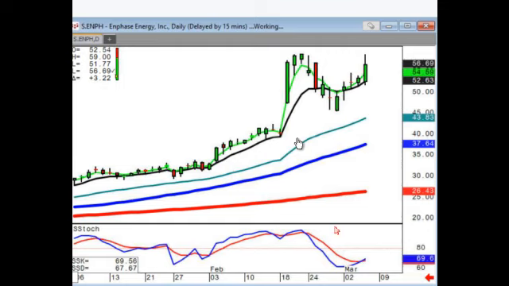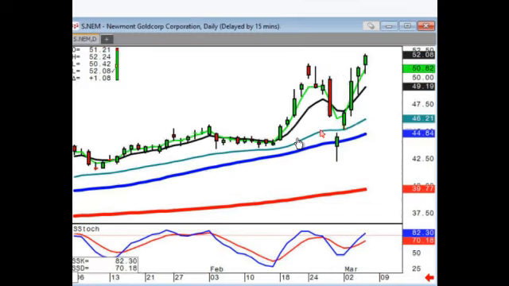So here's kind of a left-right combo on ENPH. What did it do today? There's your J-hook pattern, and it traded positive today. Newmont Mining, we knew was trading positive ever since the island reversal gap up, and gold prices continue to move up.